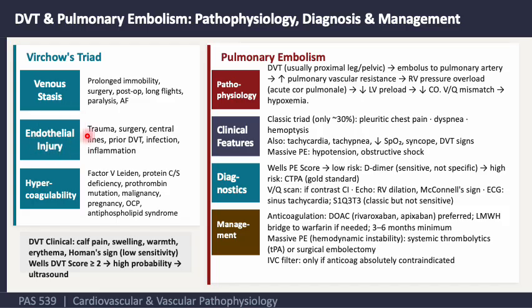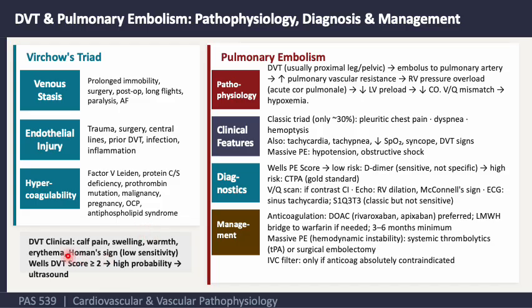Endothelial injury can be seen in trauma, surgery, central lines, or a history of prior DVTs, also infection and inflammation. And then hypercoagulability is usually due to factor V Leiden, protein C and S deficiency, prothrombin mutation, malignancy, pregnancy, oral contraceptive pills, so birth control pills can do it, and then those that may have antiphospholipid syndrome.